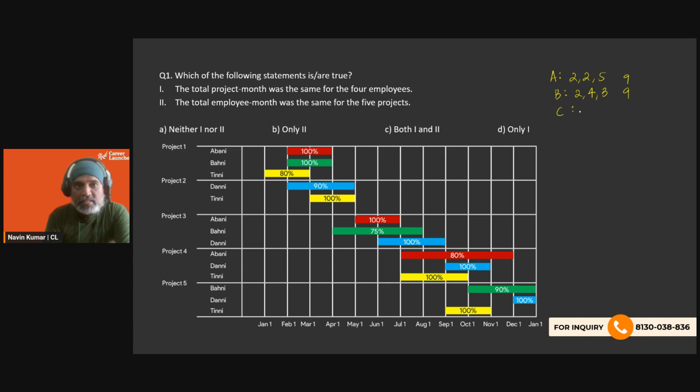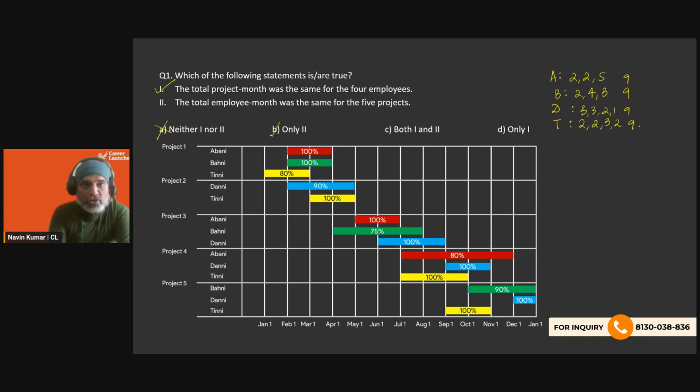If you look at D, it was 3 plus 3 plus 2 plus 1. So this is also 9. And if you look at T, it was 2 and 2 and 3 and 2, which is again 9. So the first one is true.